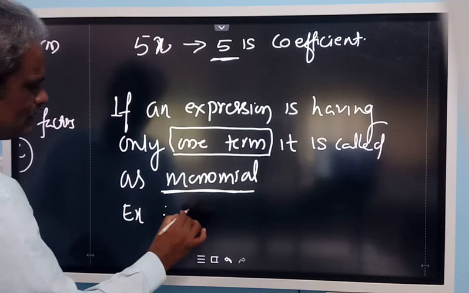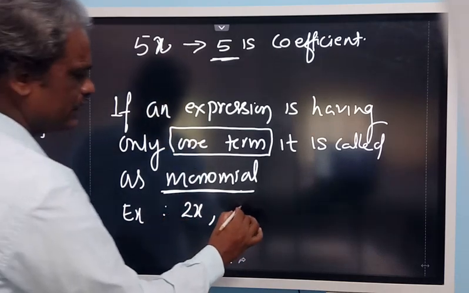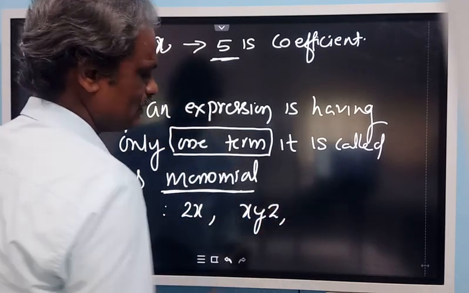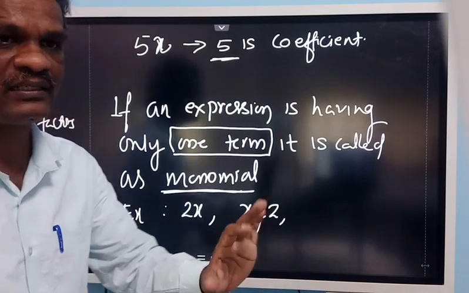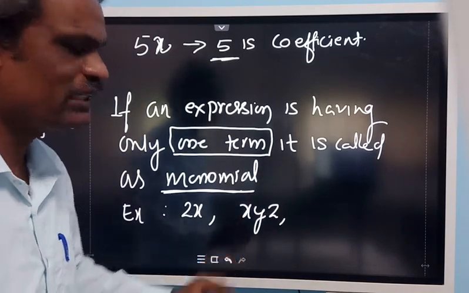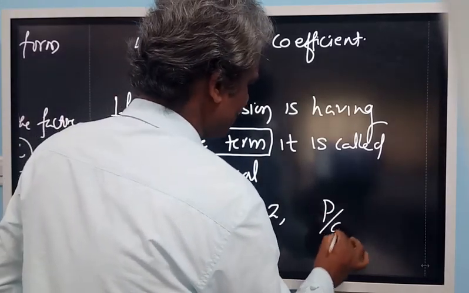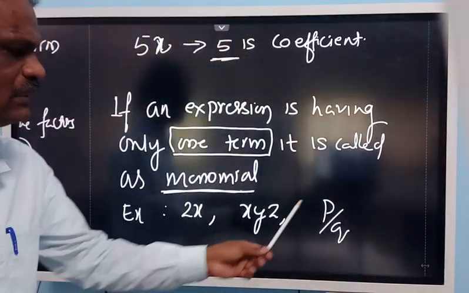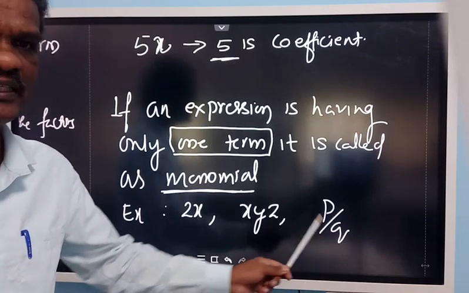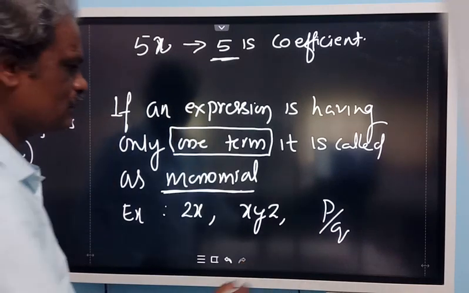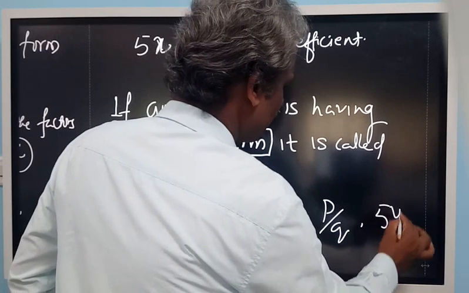Example, I can write 2x or xyz. Even though we have three variables here, it is not three terms. It is only one term. Then p divided by q. Even though we have two variables here, it is only one term. Then 5y.